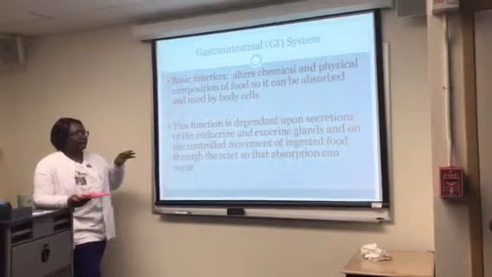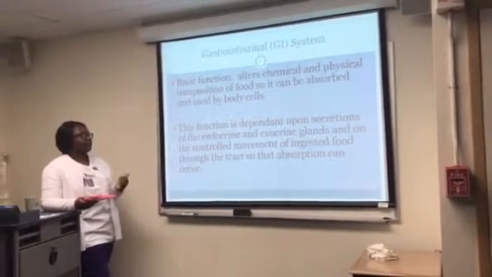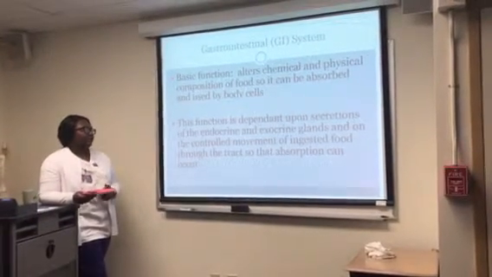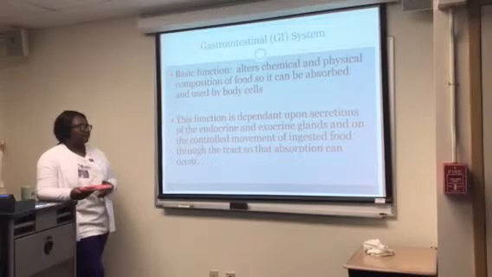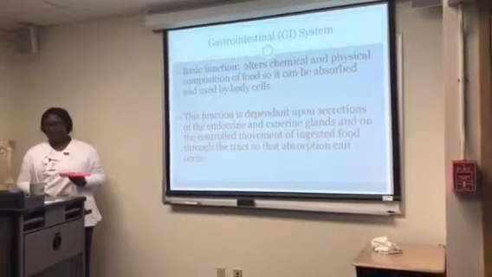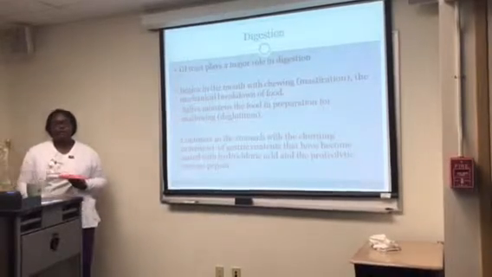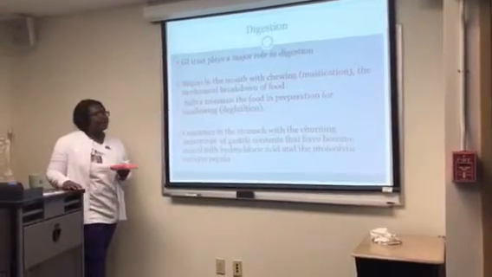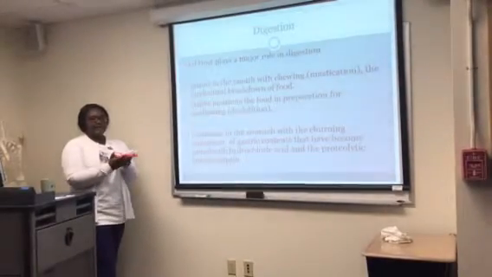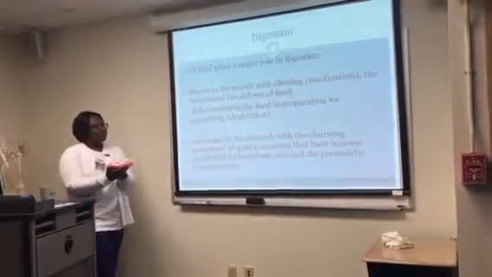For that, it depends upon secretions from your endocrine and exocrine glands that control the movement of ingested food through your tract so that your body can properly absorb it. The gastrointestinal tract plays a major role in digestion, and we also provided a model for y'all to look at.